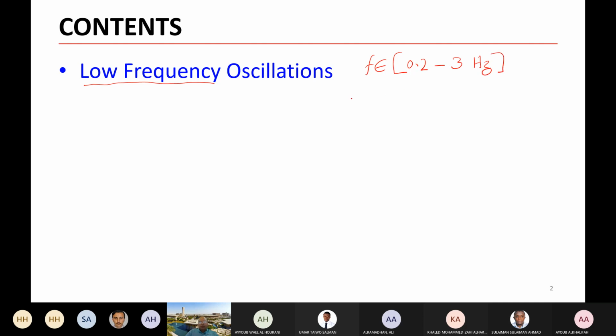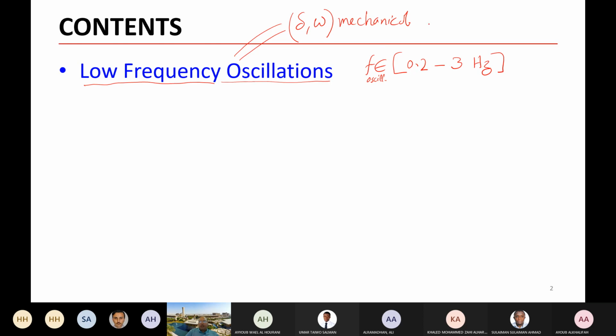This is the frequency of the oscillation. It has nothing to do with the frequency of the system. The frequency of the voltage and the frequency of the current is 60 hertz. But these low frequency oscillations are associated with delta and omega, the mechanical part of the system.